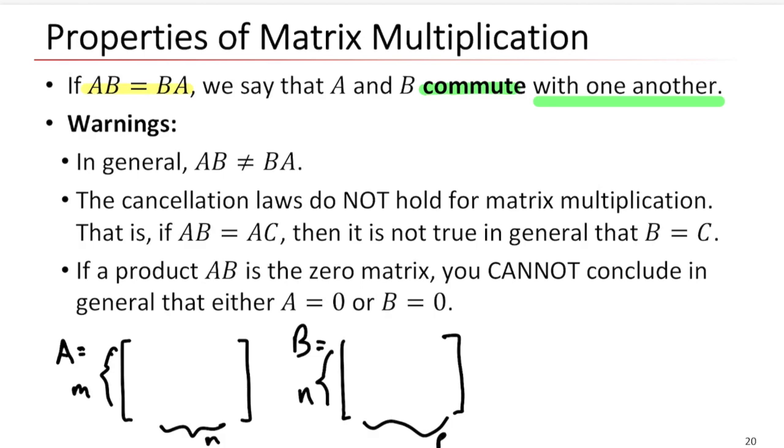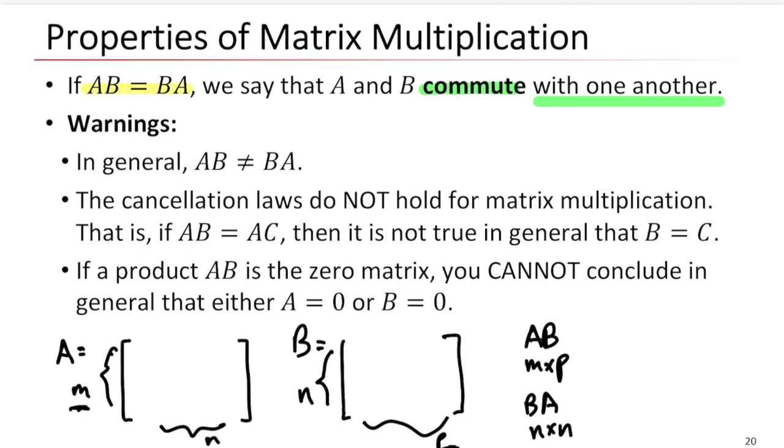First of all, what is the size of A times B? It should be m by p, right? What about BA? If m is equal to p, it will be n by n.